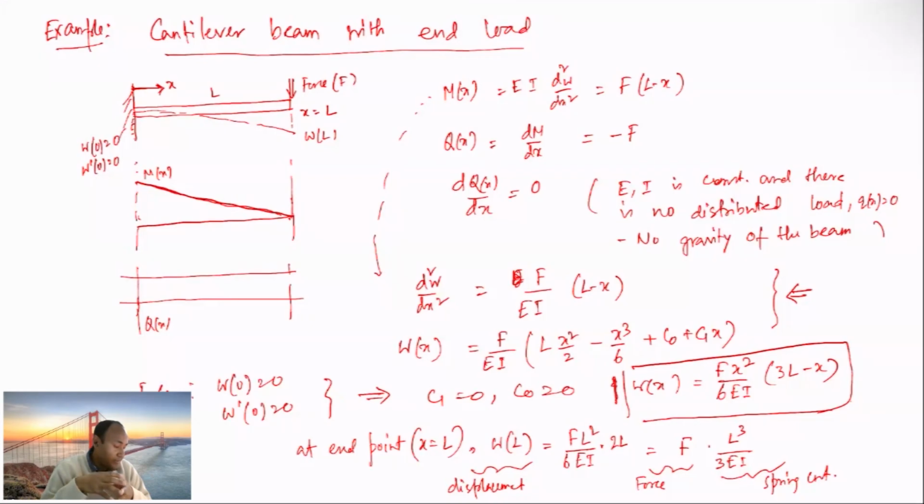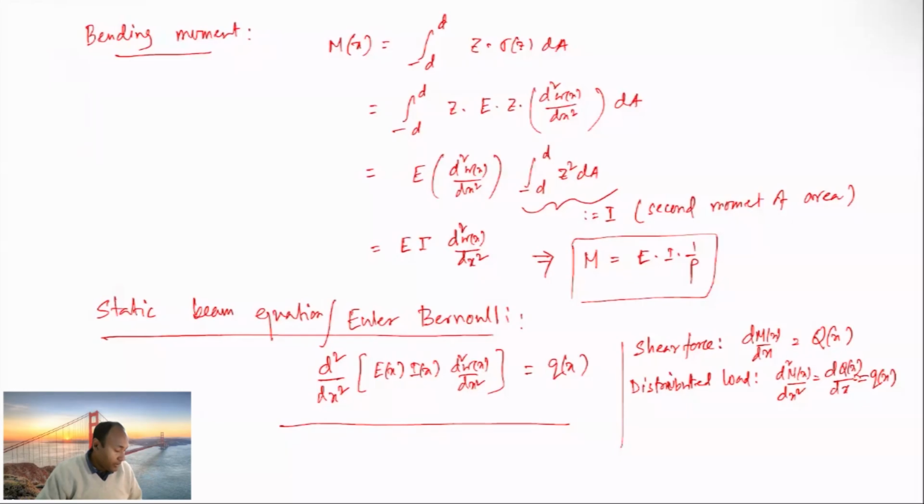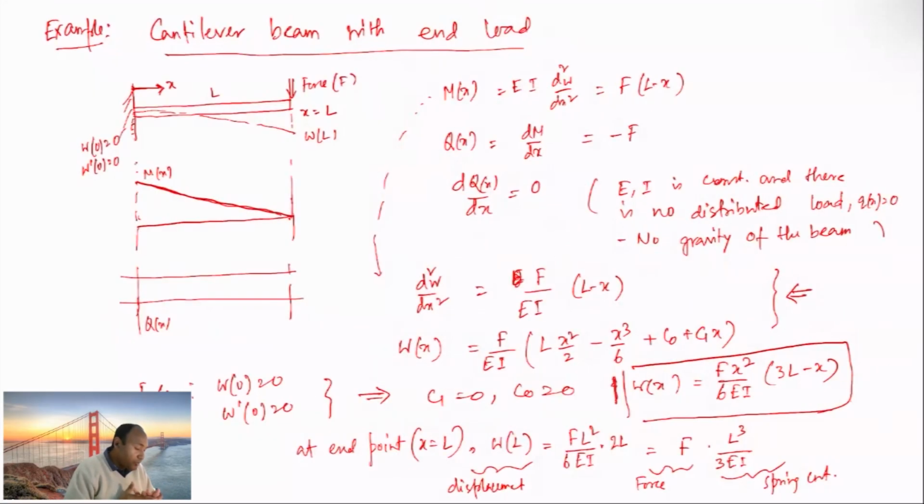In the last session, we discussed the Euler beam equation, essentially the static beam equation or Euler-Bernoulli equation, and from this equation we looked at one example, which is a cantilever beam with end load.